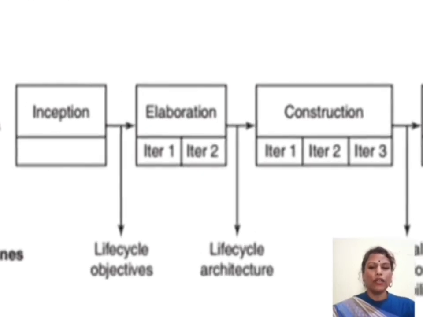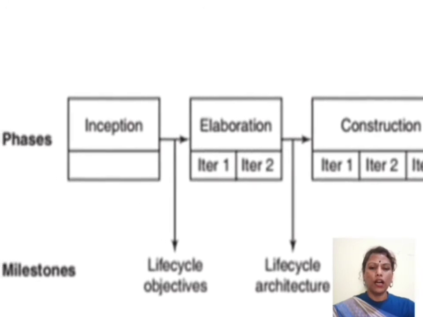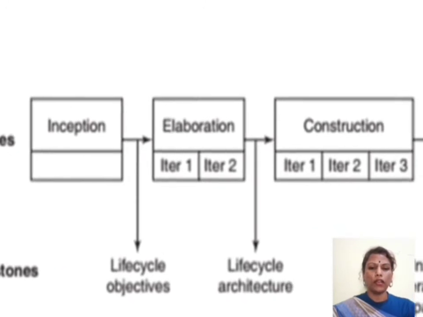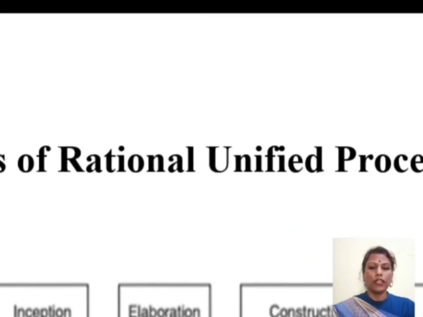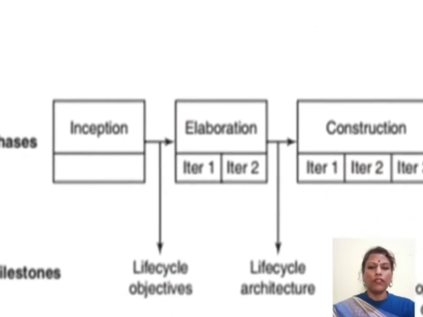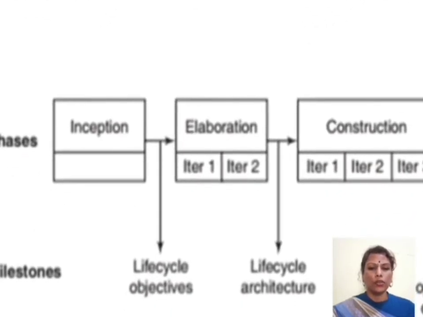If any changes occur in the user requirements, then those changes are added and the second iteration is going to be implemented in the same phase itself.